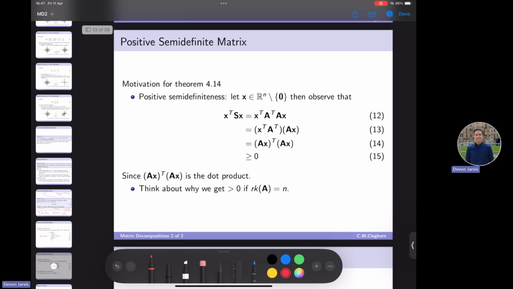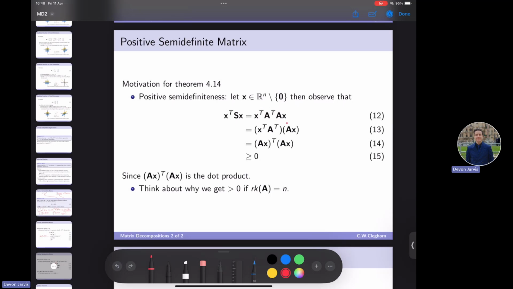Okay, and then the positive definite case I think is a little bit more interesting. What you're going to do is say let X be an element of the reals excluding 0, and then observe that if we now use that as the metric to do the inner product, what happens? Well, S gets substituted with A transposed A, which means we can group X transposed A transposed together and AX on either side.